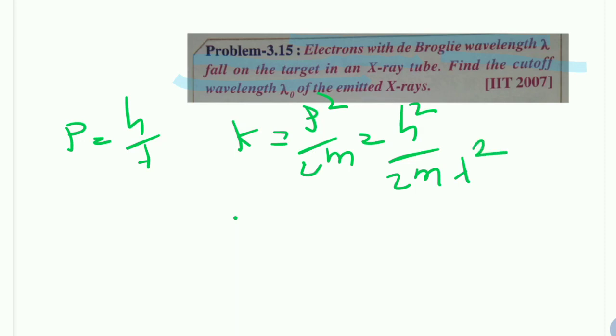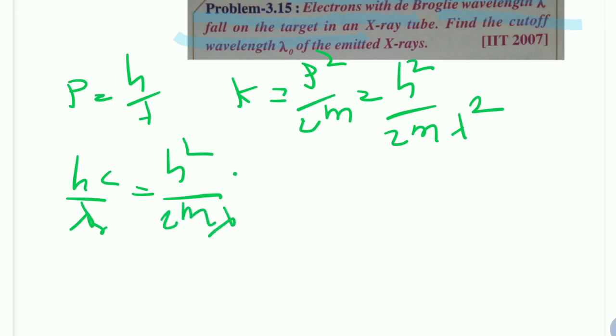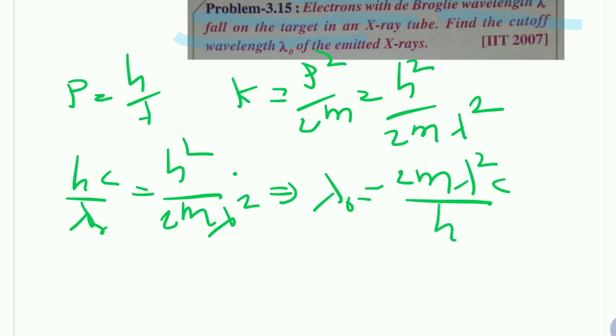This is equal to the maximum energy of the X-ray photon. Then hc by lambda naught is equal to h square by 2m lambda square. So lambda naught is equal to 2m lambda square c by h. So this is the answer.